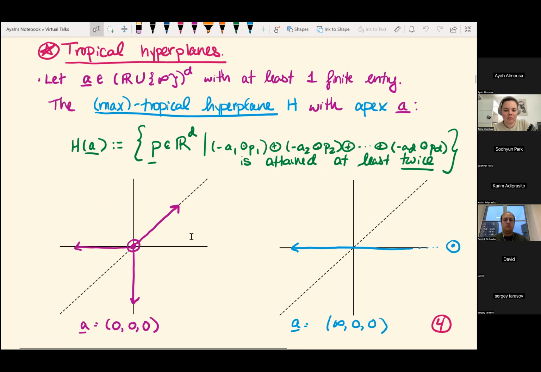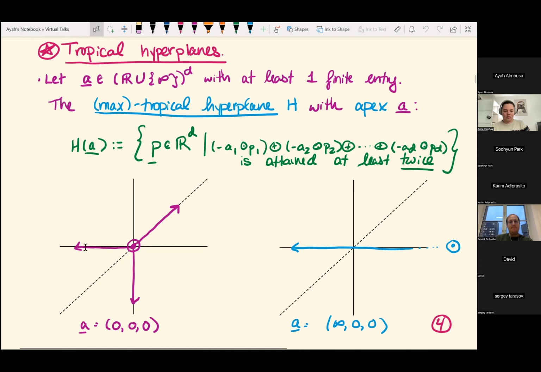What does this mean for people not familiar with this? Here at 0, 0, 0, the max is 0 and it's attained in all of the positions. Now here, where x is negative and y and z are equal, in this case equal to 0, the max is attained twice.